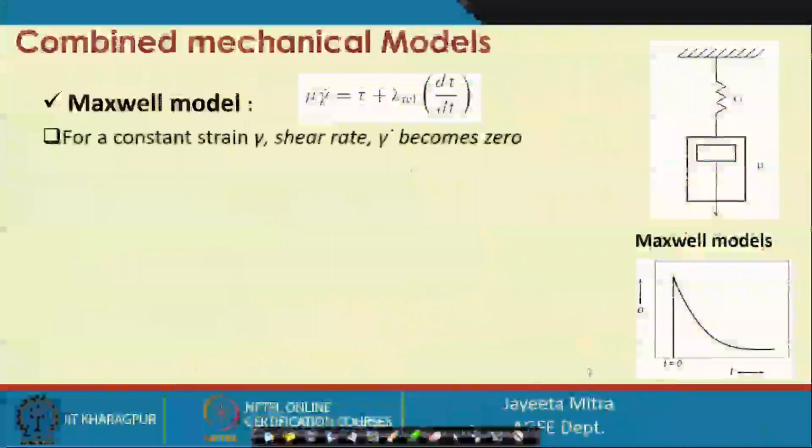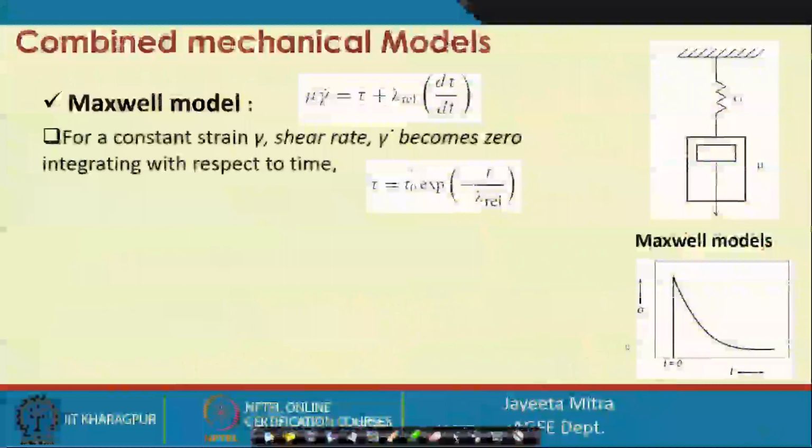So, for a constant strain, gamma dot, that is d gamma by dt, will be 0, and integrating this equation with respect to time, we will get tau equal to tau 0 into exponential minus t by lambda REL.